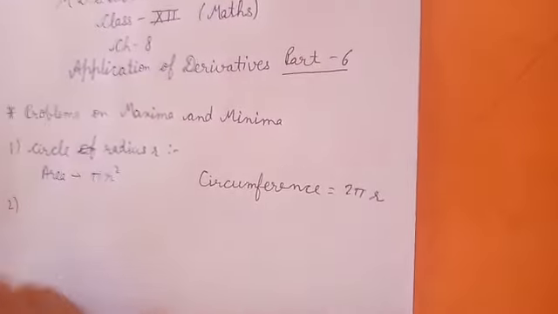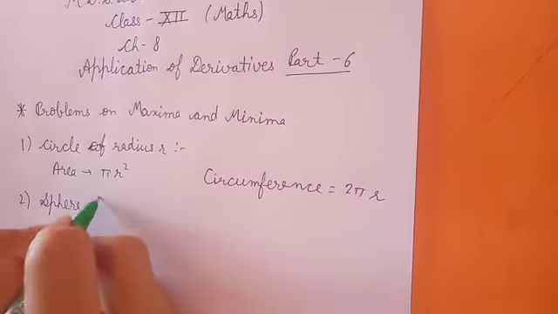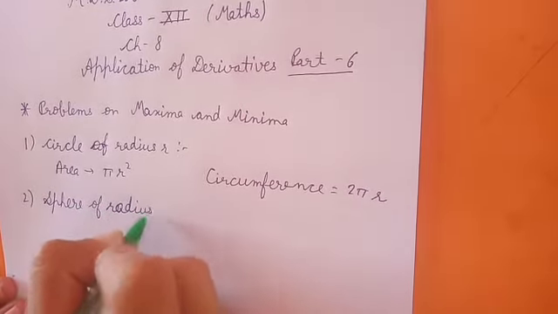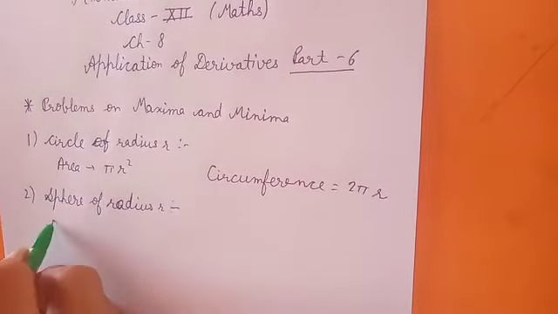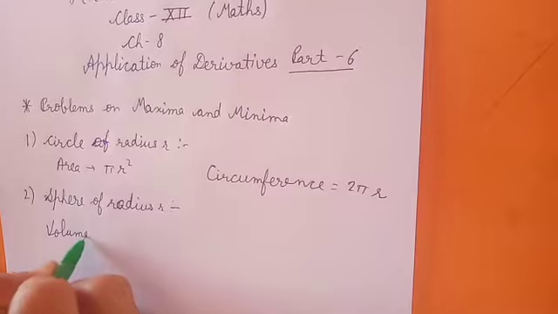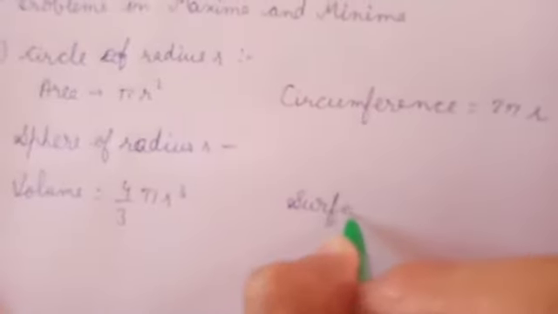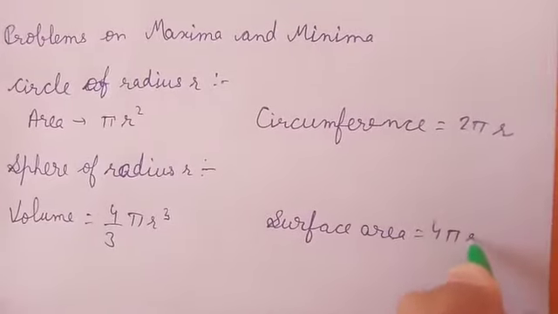Secondly, if we talk about a sphere of radius r, first is its volume, because it is a 3D shape. Its volume will be 4 by 3 pi r cube, and its surface area is 4 pi r square.